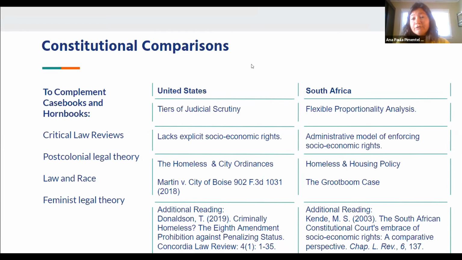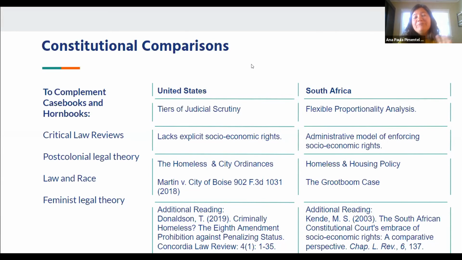South Africa is a very good example because it's all in English, so it's easy to incorporate, but it's still very different than the US and brings up interesting conversations.